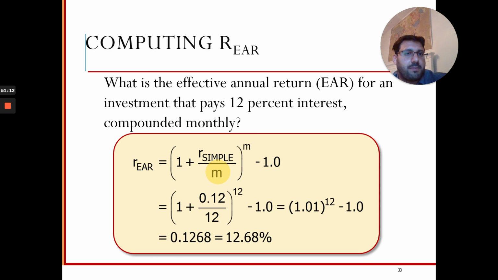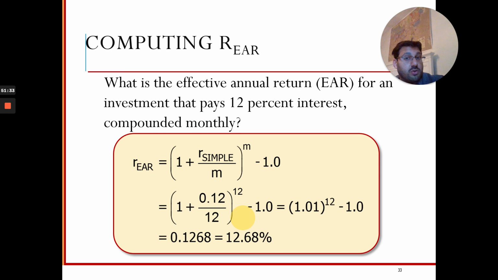If it is getting compounded quarterly, then M is 4, and you have to write 4 instead of 12. Then it is raised to the power 12 in this case, minus 1. It will give you 0.1268 if you do the calculation.